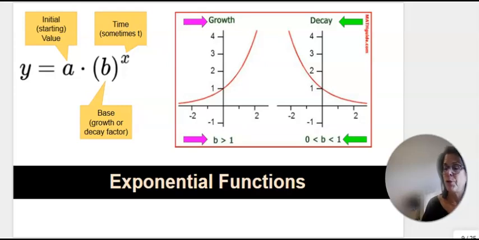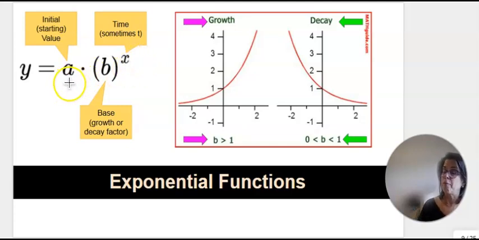So we often use exponential expressions in a function, an equation that you can put in Desmos or evaluate for different values. So the basic exponential function looks like this. Y equals a times b to the power of x. Here's what this means.